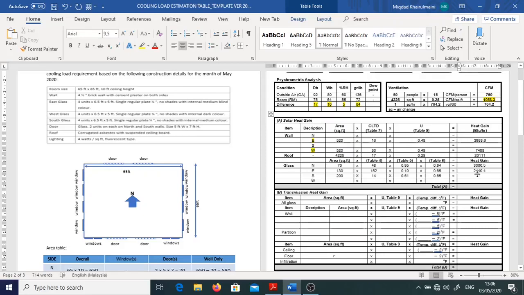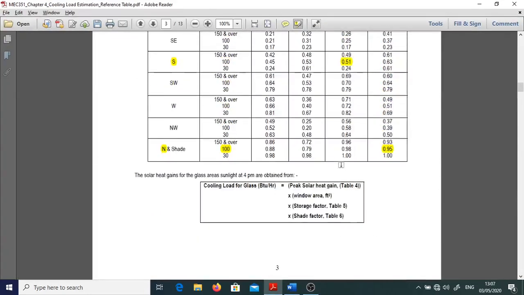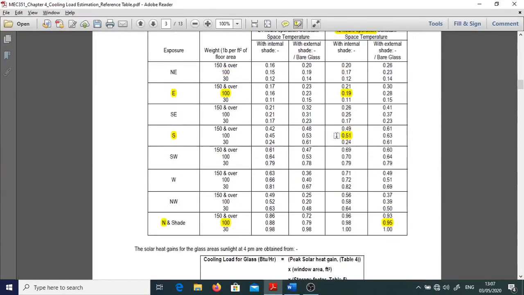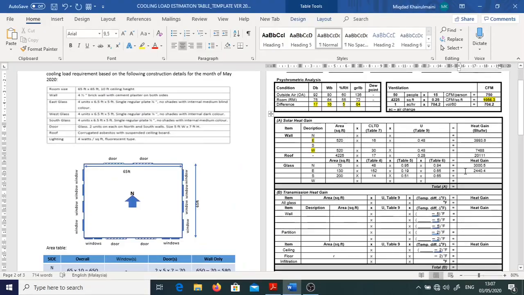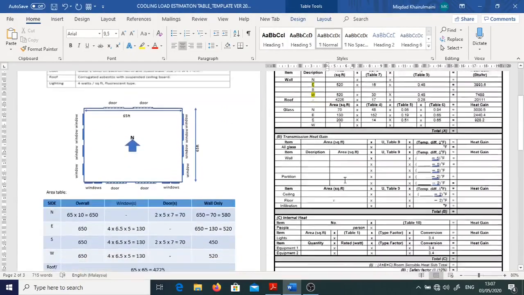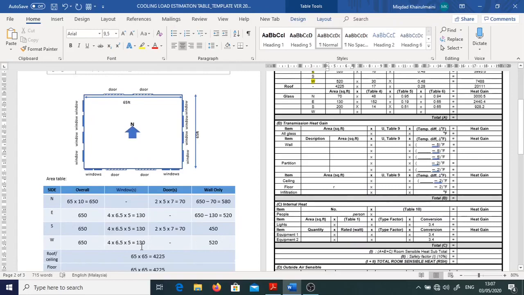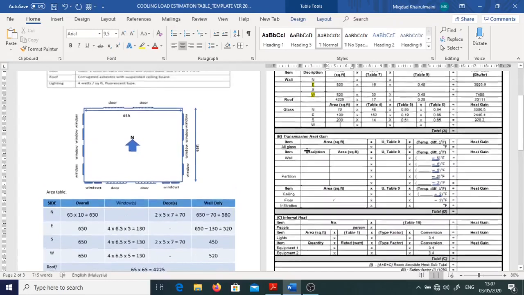So 200 times with 14 times with 0.51 times with 0.65. Let me check again. For the south, 0.65. So here we can get the answer 928.2.